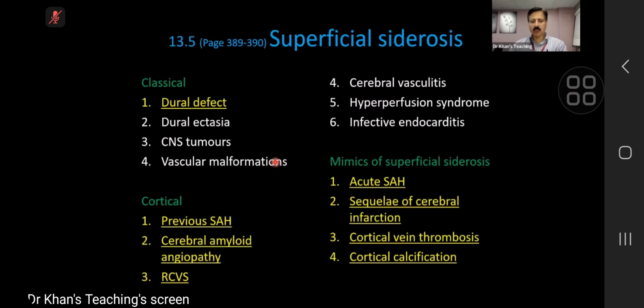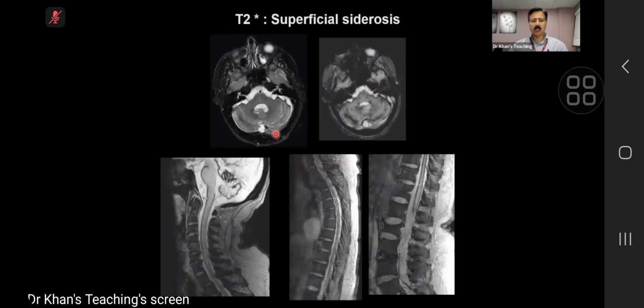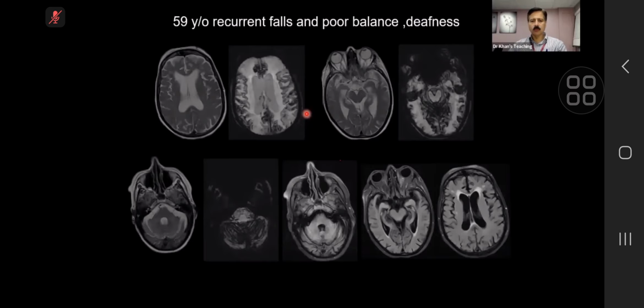The problem is that this is quite neurotoxic, and it gets deposited on the cranial nerves also. For example, the 8th nerves, which are in the basal cisterns, and the patient will present to you with deafness, etc. So the point is that I just wanted to show you another use of the SWI sequence.